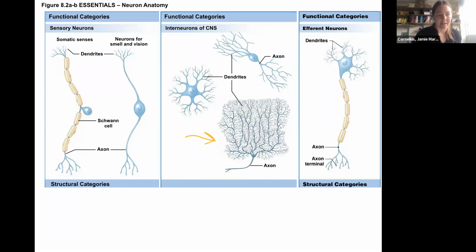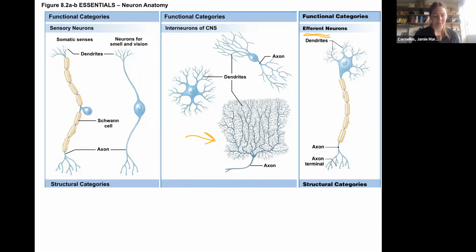We are oftentimes familiar with this one, this efferent neuron over here that's communicating information from the central nervous system to an effector cell, like a motor cell. They tend to have a lot of dendrites, but then really long axons that travel through the peripheral nervous system and through the body to the target cell.